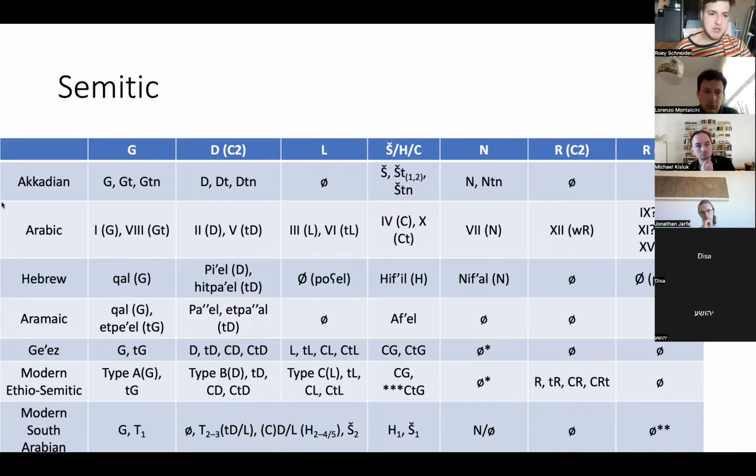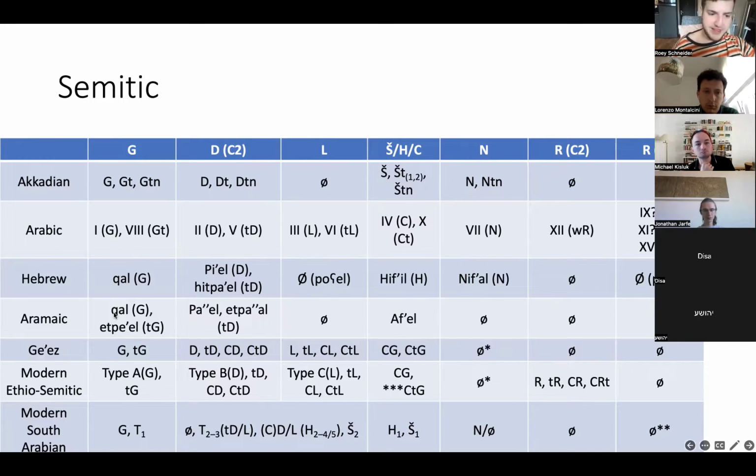So in Akkadian, we have the G and the GT. The GT is, if I'm not mistaken, just the passive form of the G. Yeah, okay. Passive, reflexive, reciprocal, yeah. Same thing in Arabic, we have the GT, that's the 8th form, ifta'ala, ibtaras, same thing. In Hebrew, we don't have this form.